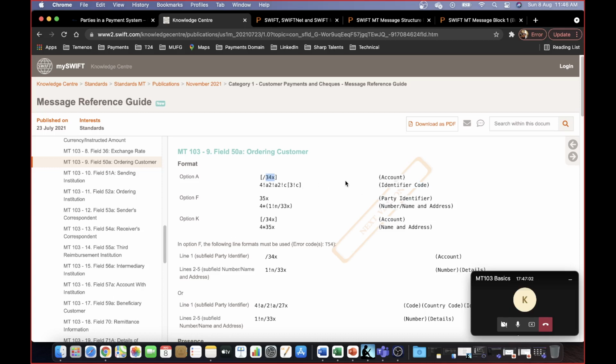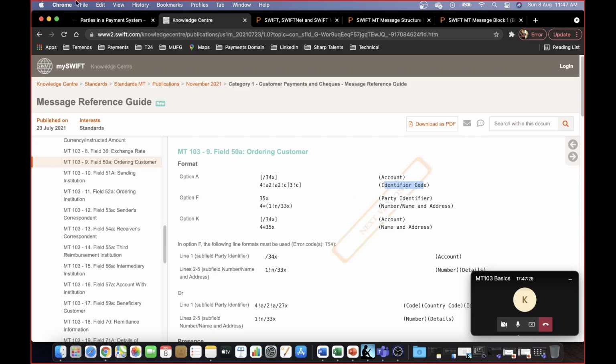Then you would have the identifier code, which is nothing but the BIC. There was a question on BIC, right? BIC stands for Business Identifier Code. Those are codes given to banks, which uniquely identify a bank. It follows ISO standard as well.